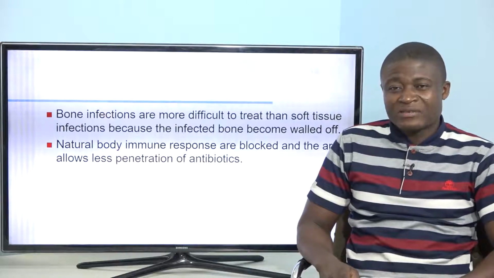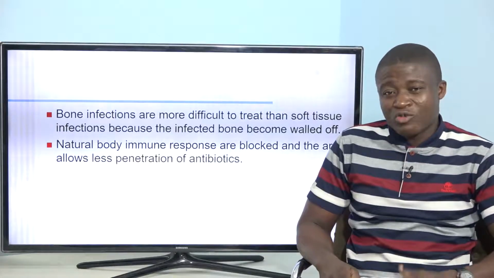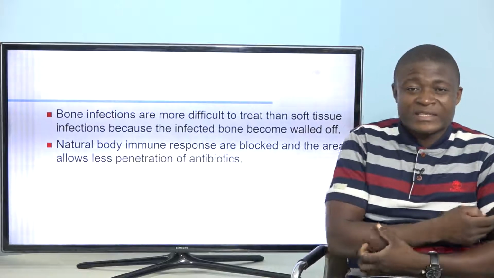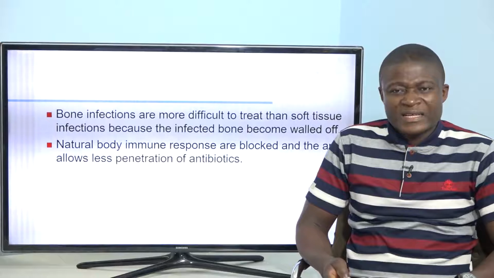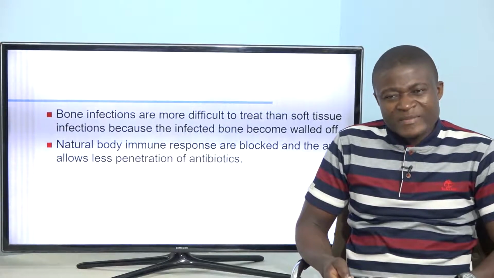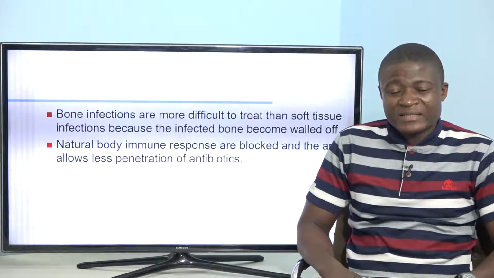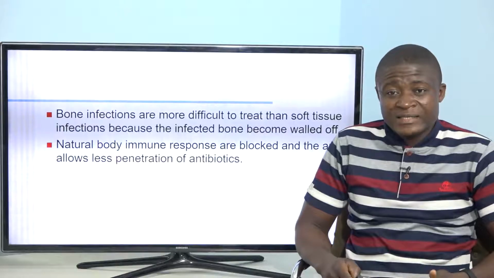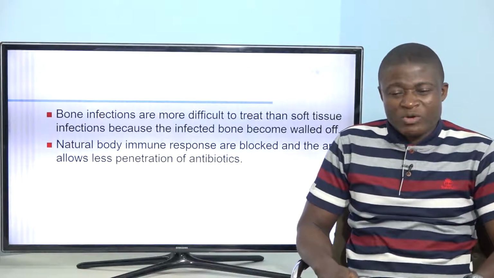So because of that, the organisms are there without opponents. The body soldiers are not able to get access to them to fight easily. Then we have another factor: when you administer antibiotics, they are able to penetrate easily into soft tissues in order to fight the organisms.